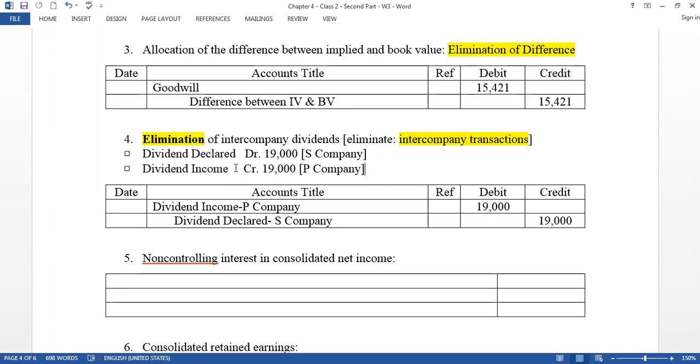Net income is transferred to retained earnings, then the company paid the dividend. As we already recorded dividend income, and it is from net income, dividend income is already reflected in our net income, so we have to eliminate this intercompany transaction.